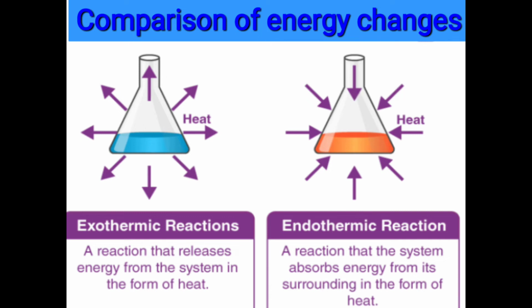So when heat energy is absorbed into the reacting system, of course, temperature of the surrounding is going to reduce, as we are going to see in our later discussion. So in an endothermic reaction, the system absorbs energy from its surrounding, and that energy is in the form of heat. So therefore, heat energy here is absorbed from the surrounding, as you may see here. Let's continue.